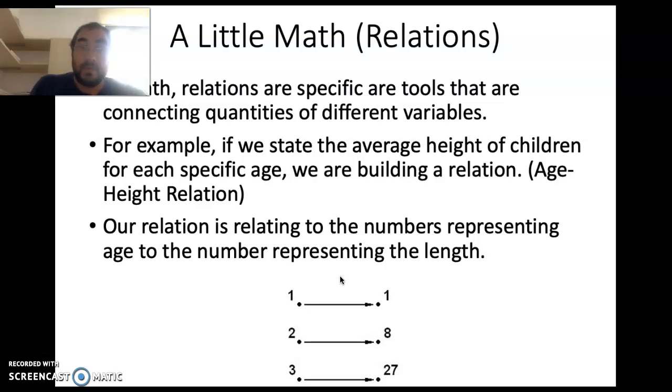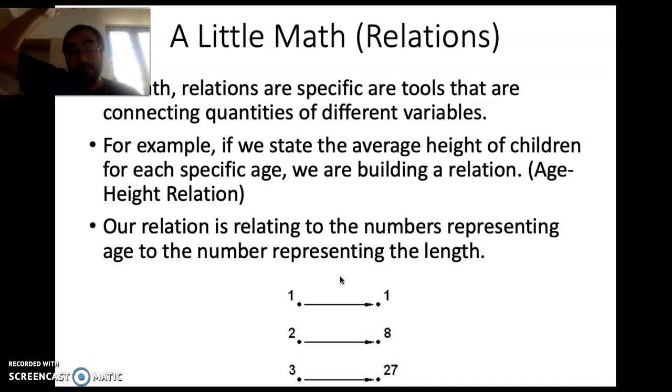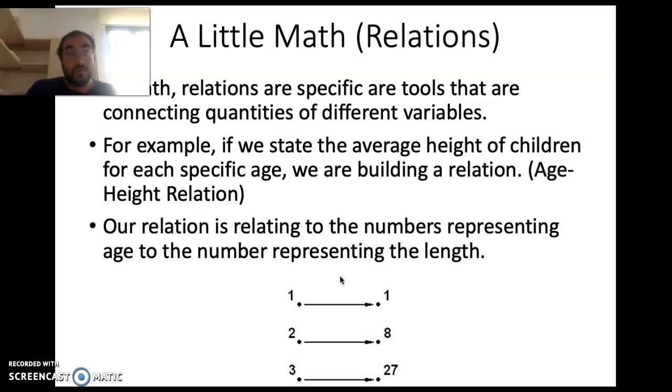For example, one of those numbers might be the age of a person and the other one might be the height of the person. So for any age, our relation defines a height. In reality, those relations might be right or wrong, but our relation is relating every age to a different height.